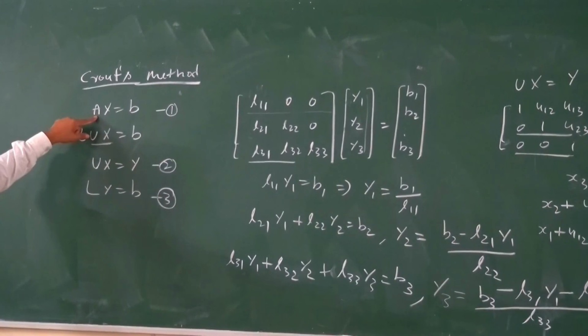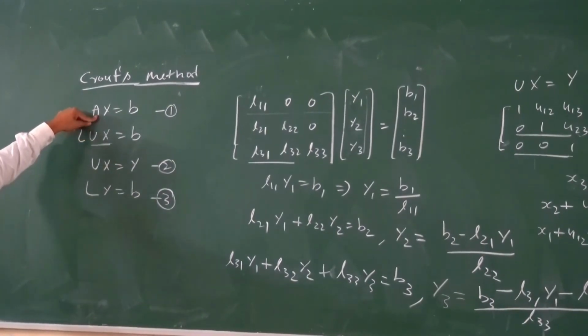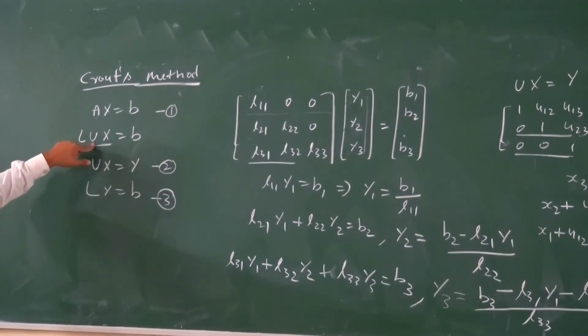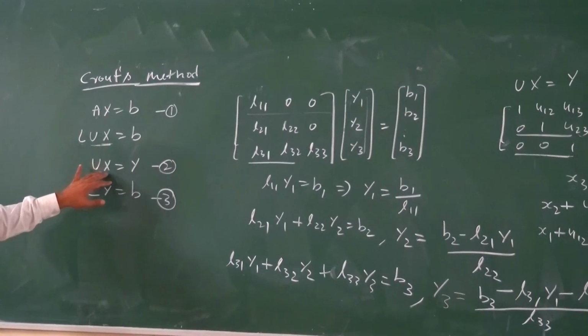Then we decompose A into a lower triangular matrix and an upper triangular matrix, A equals LU. By comparing A with the product of L and U, we find all the elements of the lower and upper triangular matrices. LUx equals b. Then we write Ux equals y.